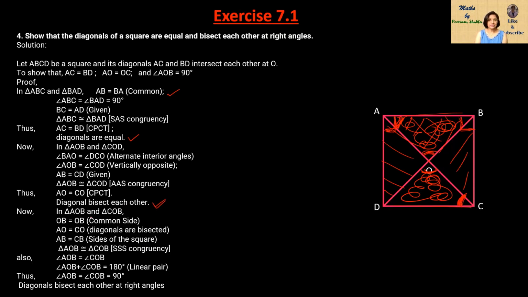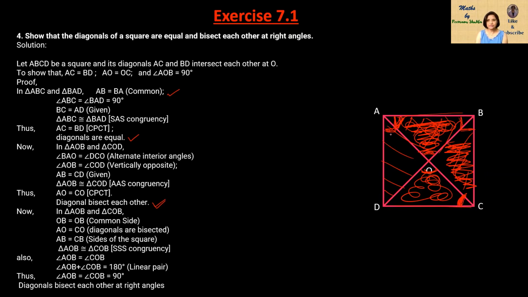Now in triangle AOB and COB, these two triangles we will see, this and this, right? In these two triangles, OB equals OB or OB equals BO, you can say anything, which is a common side.